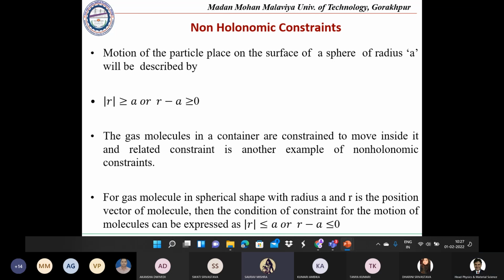A radius है मॉलिक्यूल का और R पोजीशन वेक्टर है. तो सर पोजीशन वेक्टर A से बड़ा होगा ना, कि रेडियस सर पोजीशन वेक्टर से एक्चुअली बड़ा होगा. यहाँ पर A उस मॉलिक्यूल का रेडियस नहीं है बेटा. देखो लिखा है कि फॉर अ गैस मॉलिक्यूल इन द स्फेरिकल शेप विद द रेडियस A, उस स्फेरिकल शेप का हम एक वेसल ले रहे हैं जिसमें ये रख रहे हैं, हम उसकी बात कर रहे हैं. Okay, sir. That's why that confusion you have here. Okay, sir. Thank you, sir.